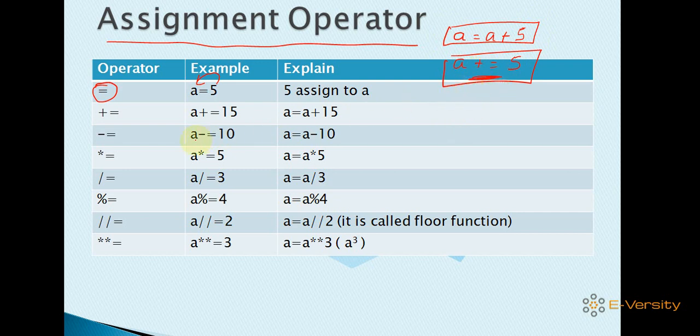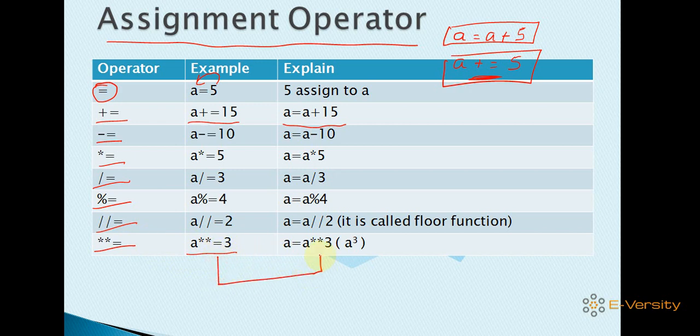Okay, so you can see I can write all the arithmetic operators with this assignment operator, like +=, so a += 15 is equivalent to a = a + 15. Similarly, you can see -=, *=, /=, %=, //=, and **=. So you can see I can write a *= 3.